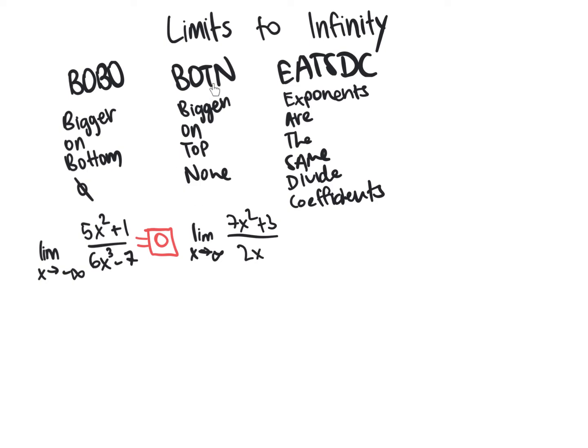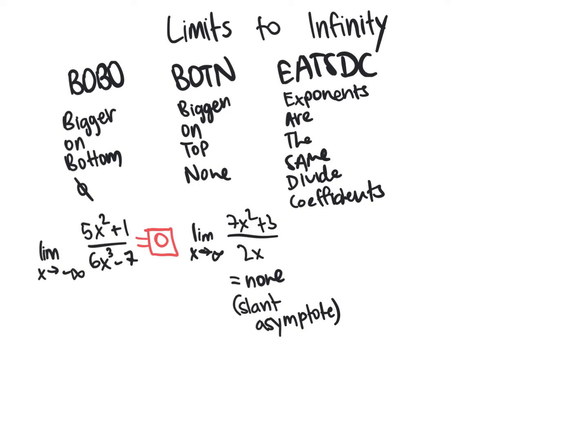So this refers to BOTN, which is bigger on top, none. So this we can say is none. But when you get to calculus and sometimes pre-calculus, this won't just be referred to as none, it'll be referred to as a slant asymptote. And I'll explain how to find the slant asymptote in a later video. But that's all you have to know for that.